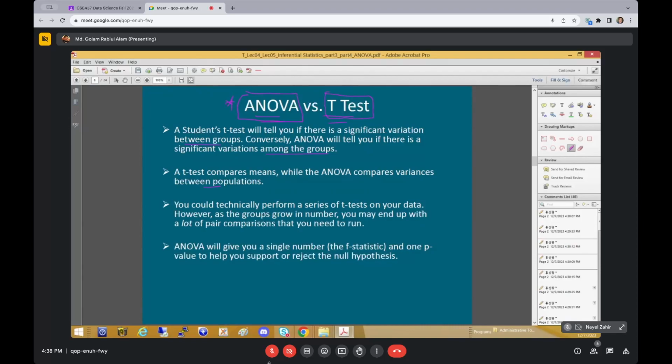But sometimes you will have many groups, and you would have to perform many t-tests, so that's not feasible. Another benefit of ANOVA is that it provides just a single statistic, called the F statistic, and based on that single statistic, you can either reject or accept the null hypothesis.